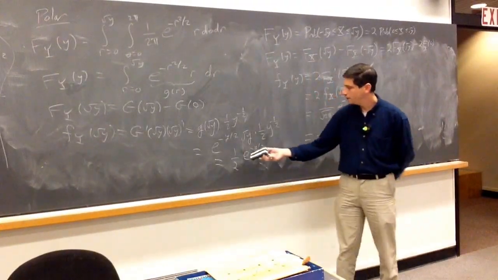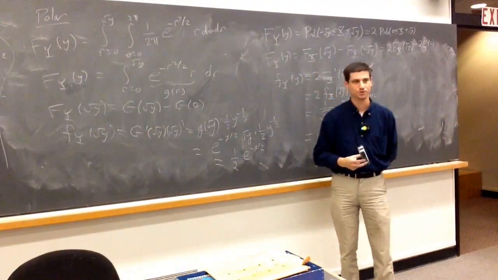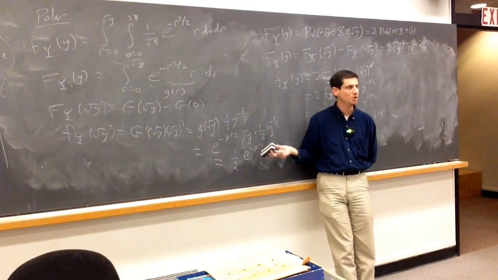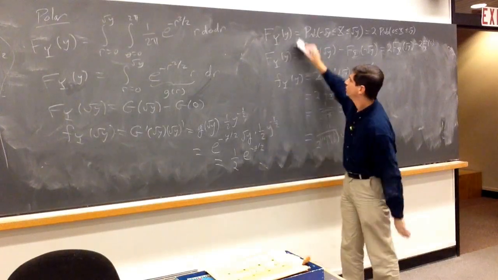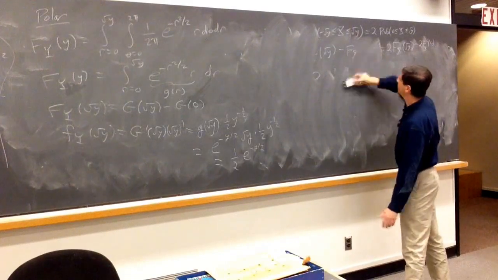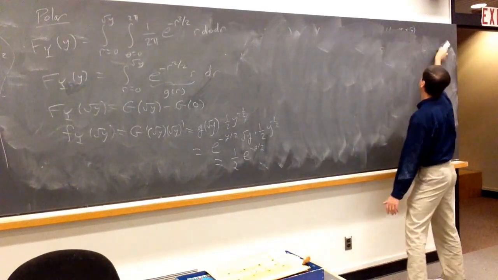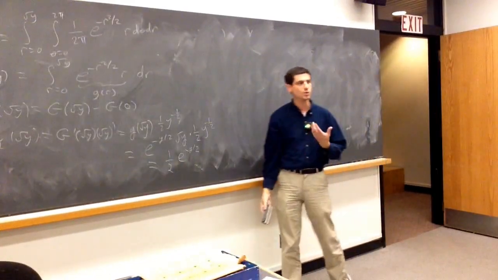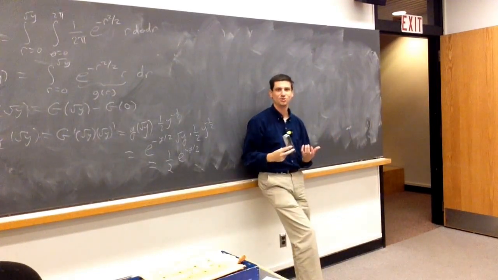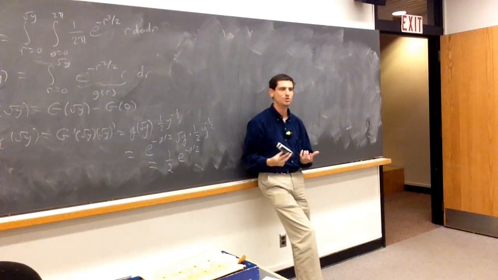And so when the dust settles, we get 1/2 e to the minus y over 2. It turns out this is a chi-squared random variable with 2 degrees of freedom. So that is where the miracle is happening. So if we summed one normal squared, we got a chi-squared with 1 degree of freedom. If we sum the squares of 2 normals, we get a chi-squared with 2 degrees of freedom.